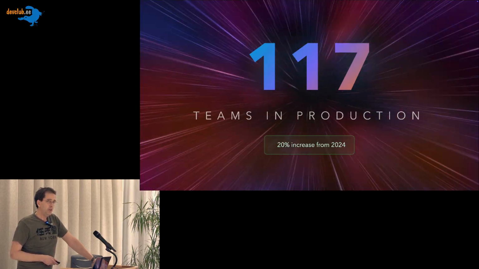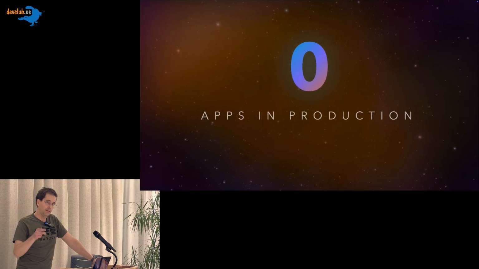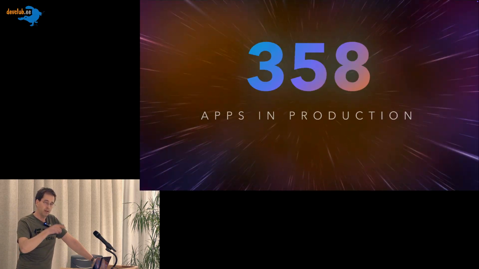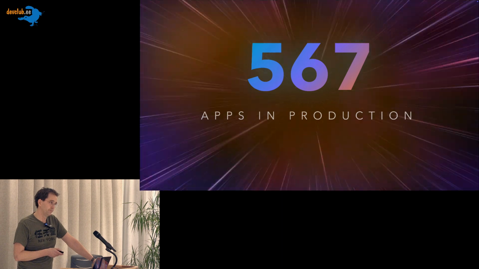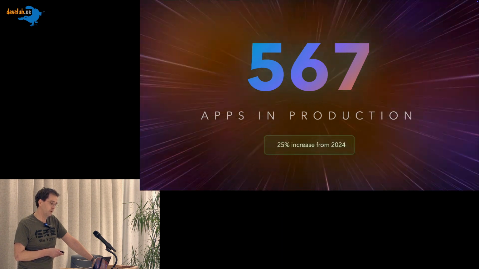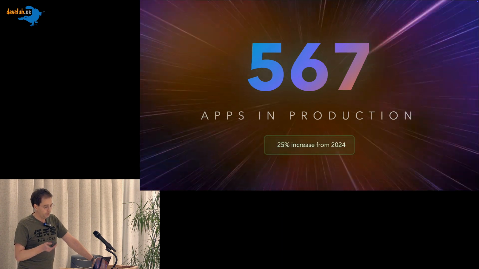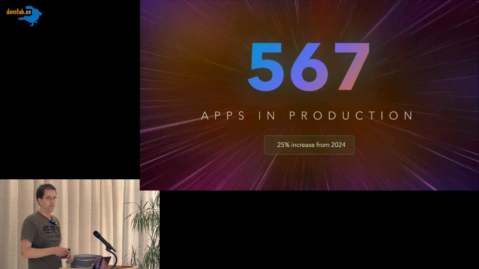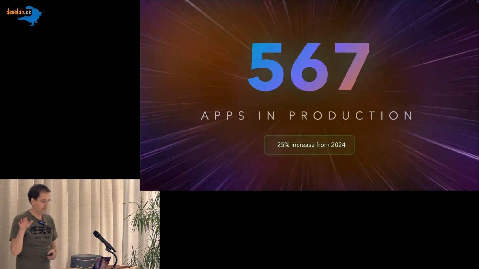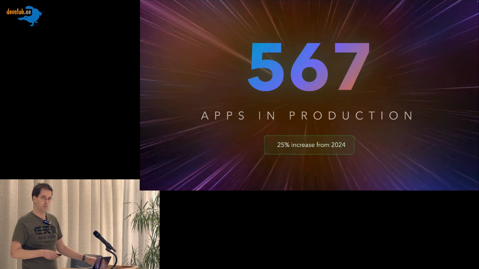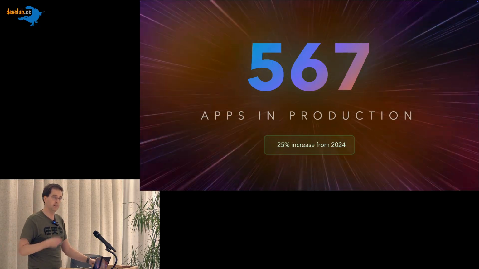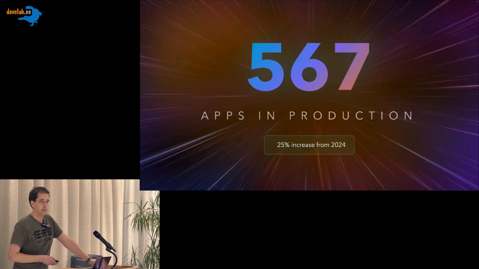When it comes to applications in production, this building block core experience and work at 567. So that's quite a lot of them as well. 25% increase. So you see a bit higher increase in number of applications, which is kind of normal based on how teams previous year started onboarding and just putting out more applications.